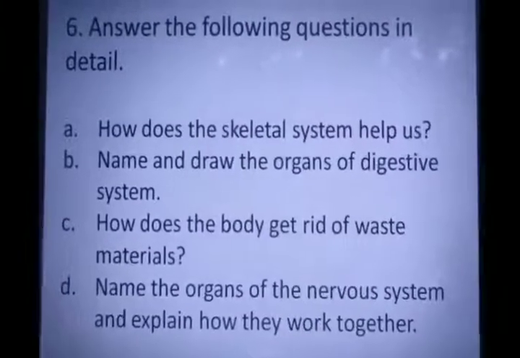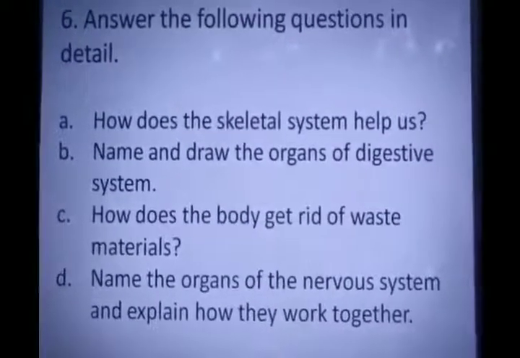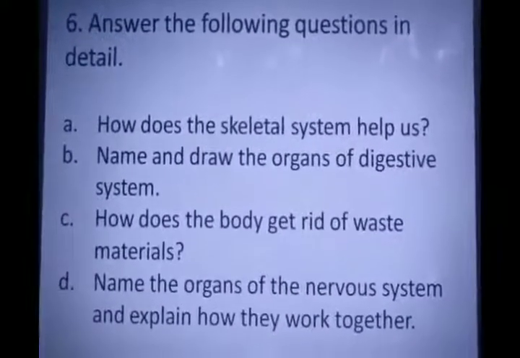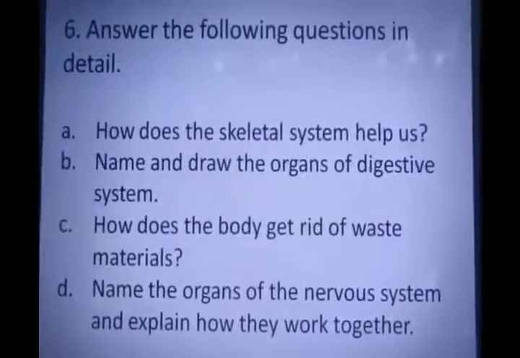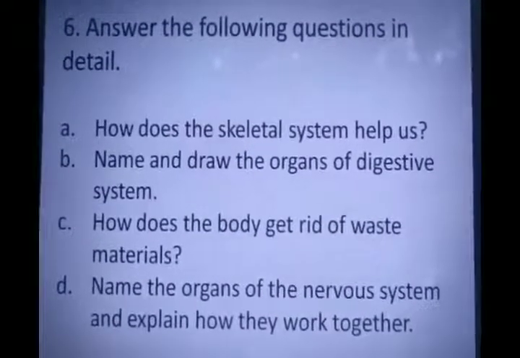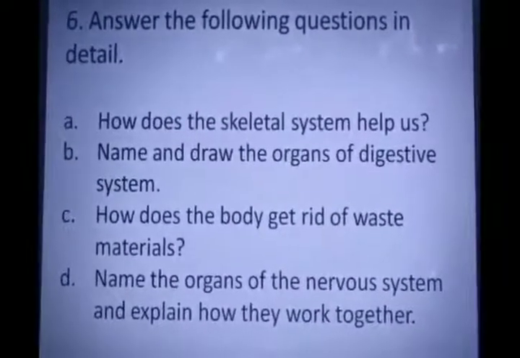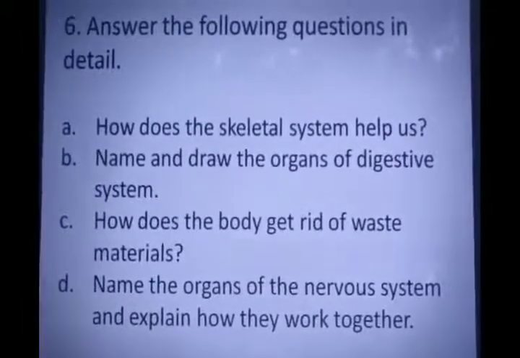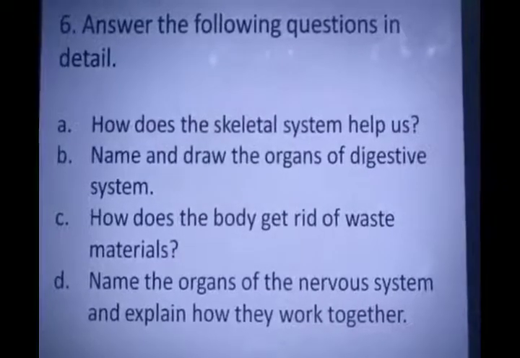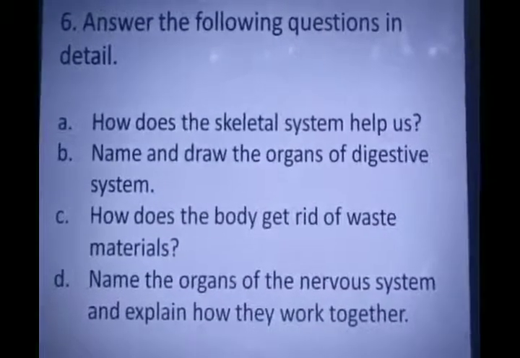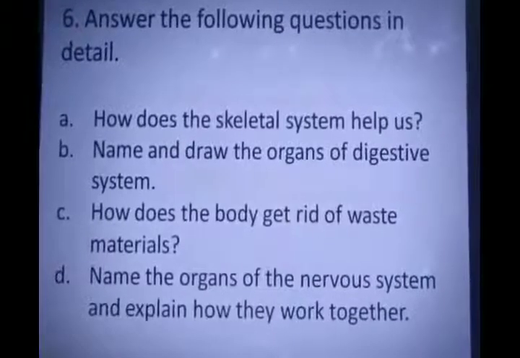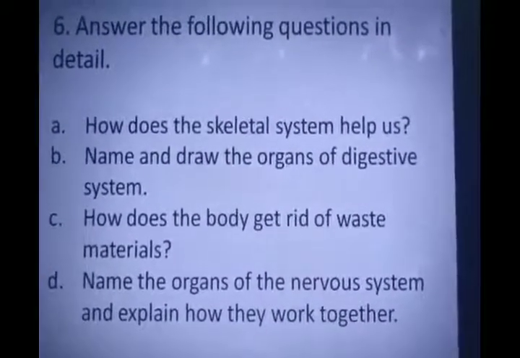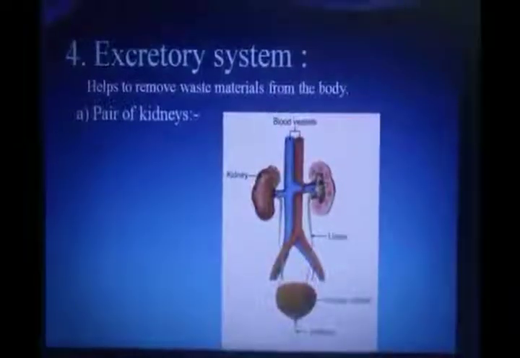Children, to get rid of waste materials, which system is helpful for our body? It is the excretory system, and we have various organs to get rid of waste materials from our body. Let's revise a bit.